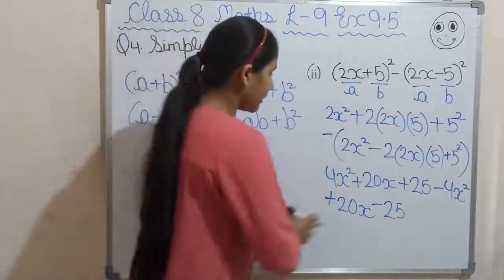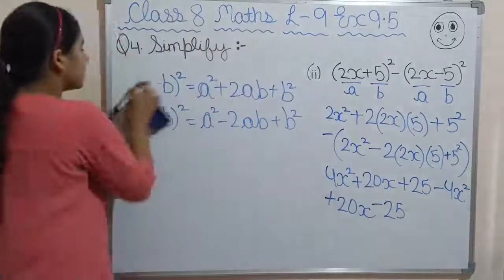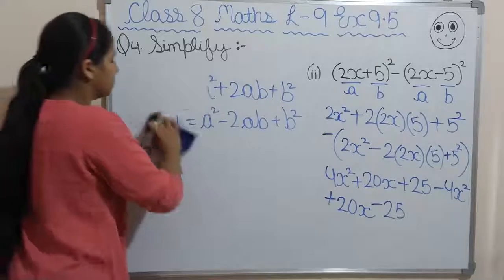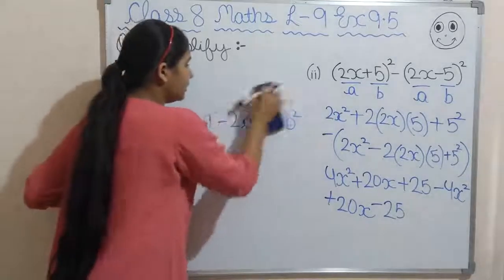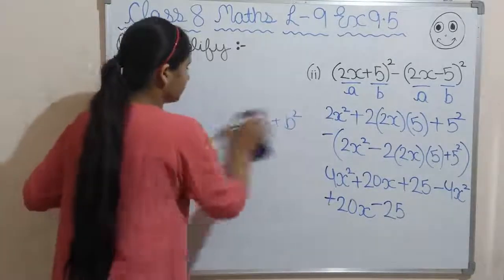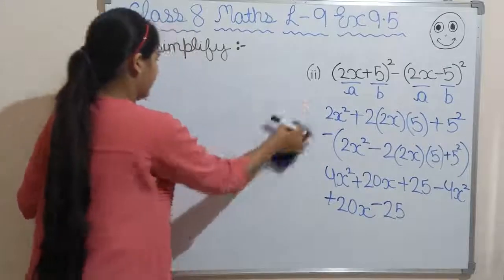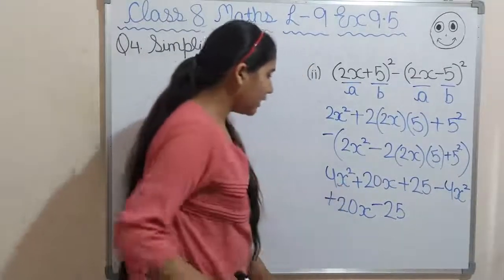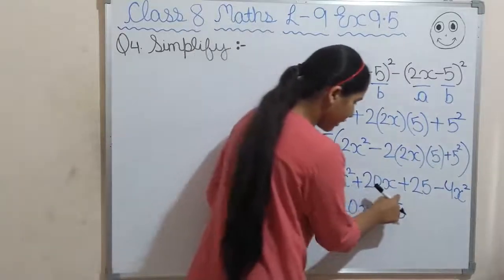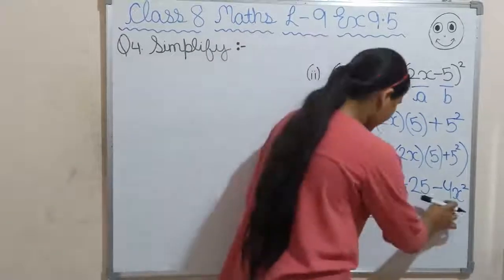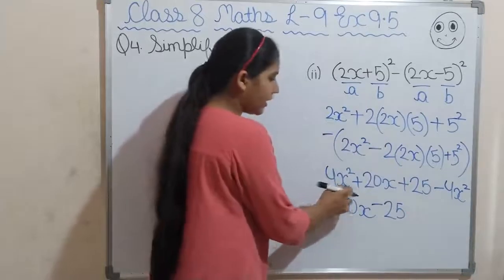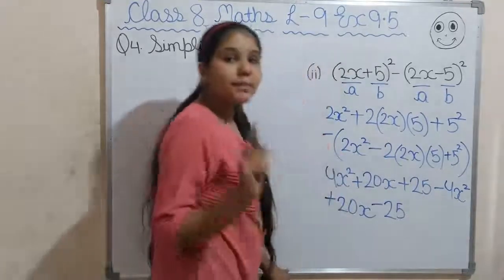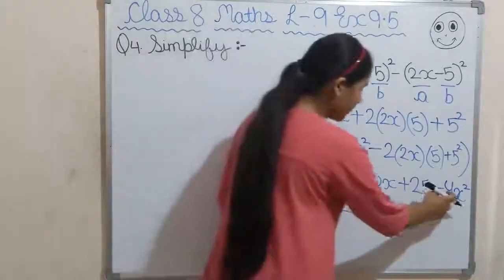So here this property we have used, so I'm going to solve the other one here. Here 4x square plus 4x square, and this minus 4x square.